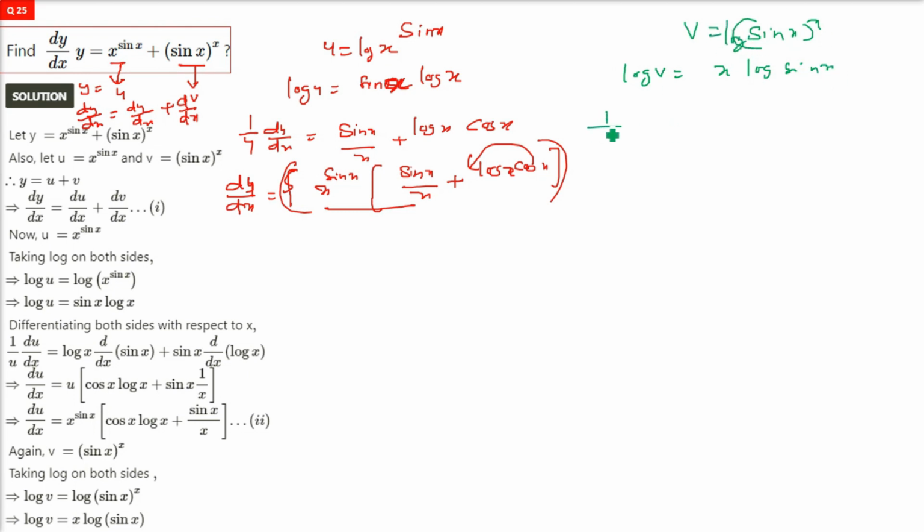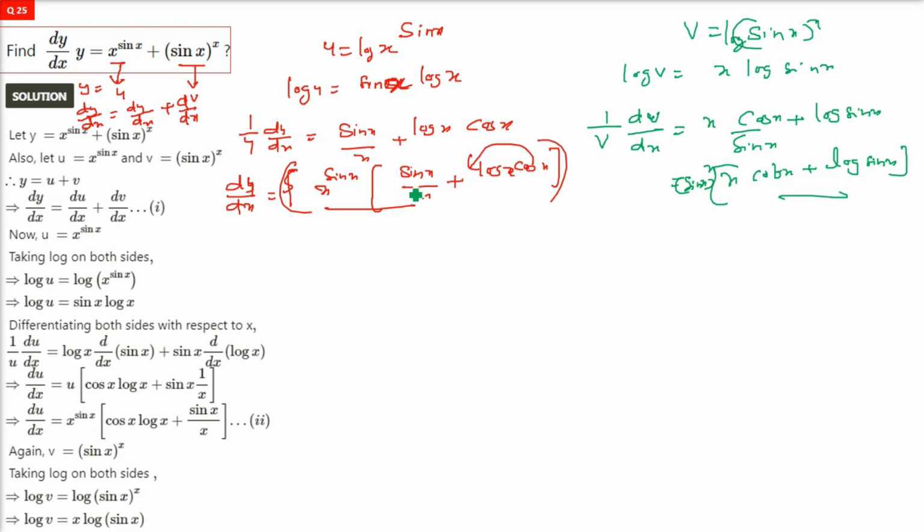So 1 by v dv by dx will be equal to, applying the product rule on the right hand side, x times 1 by sin x times cos x, then log sin x, differentiation of x will be 1 only. So x cot x plus log sin x, and we have to multiply v, which is sin x to the power x. So we add these two, and that will be the final answer.